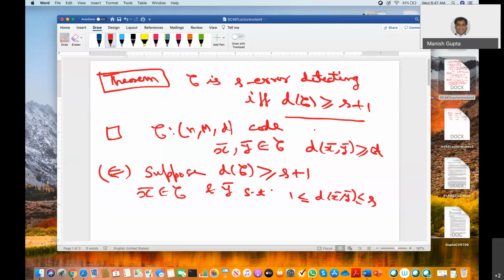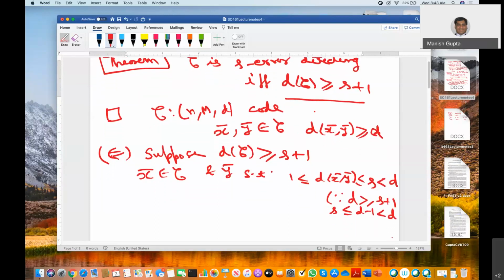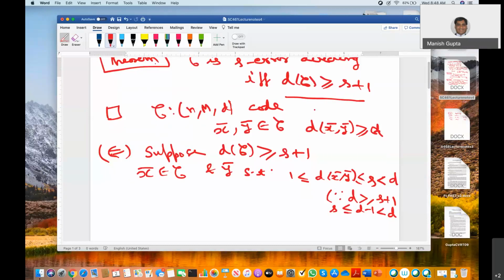Now this S is strictly less than d. Why? Because the minimum distance is at least S plus 1, so S is less than or equal to d minus 1, which is strictly less than d. So the distance between X and Y is less than d.